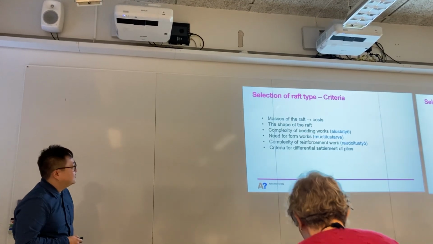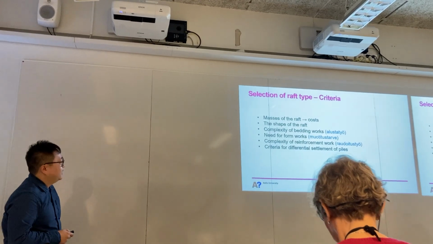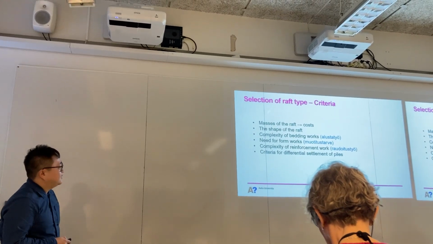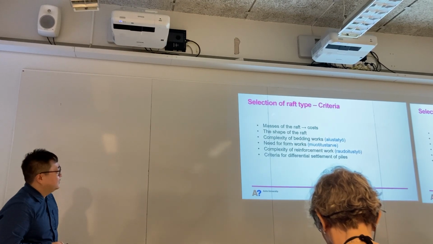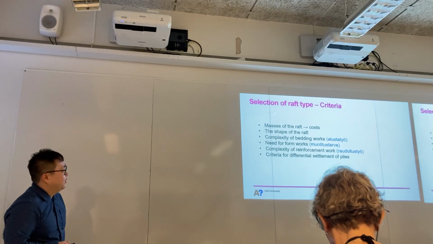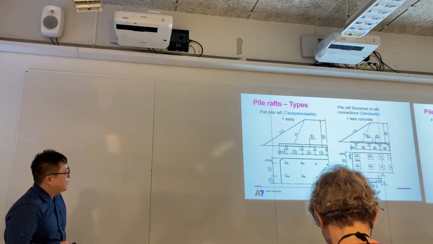So that's the mass and the shape of the raft. Also, we should consider the complexity of the bedding works or the reinforcement work. Sometimes we need formwork, so we should use some molds, especially for this part of the embankment.